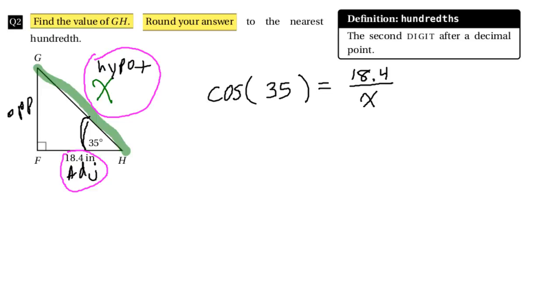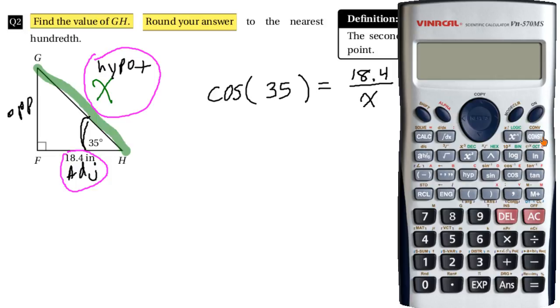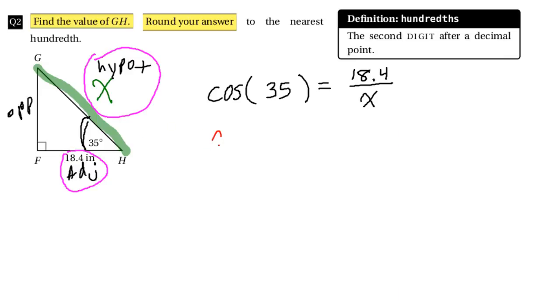So going to my calculator and finding out what the cosine of 35 is, I'm going to say cosine 35, and I get that it is 0.8191. So coming over here and writing down 0.8191, that's still going to be equal to the fraction that I have over here as is.